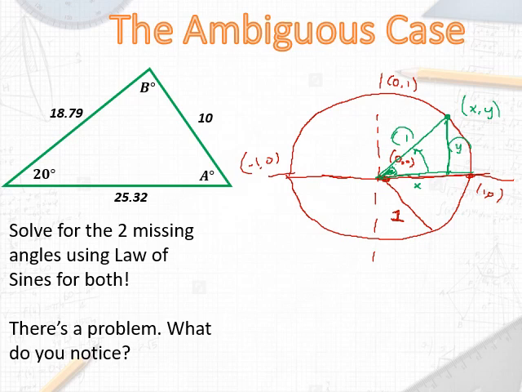If you go over to the second quadrant, remember this is second quadrant, this is first quadrant, third's down here, fourth down here. If you go into the second quadrant and say, we go over here to minus x, y. So it's a reflection across the circle. The hypotenuse is still 1.